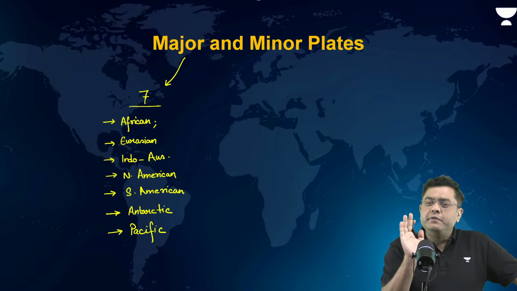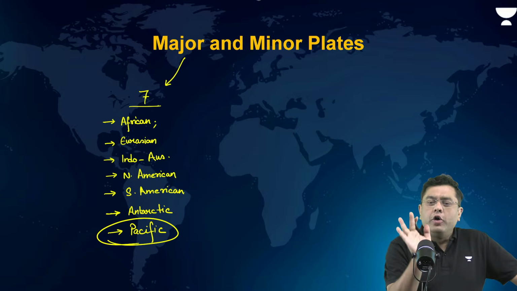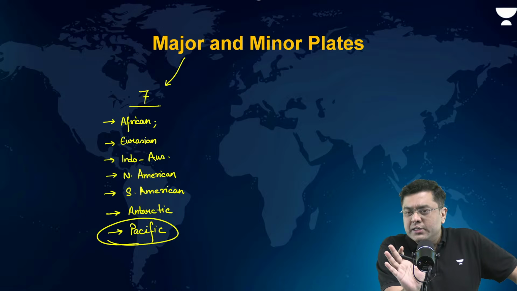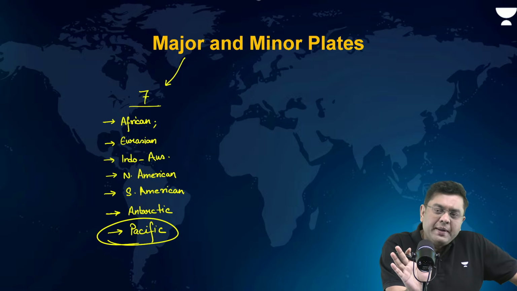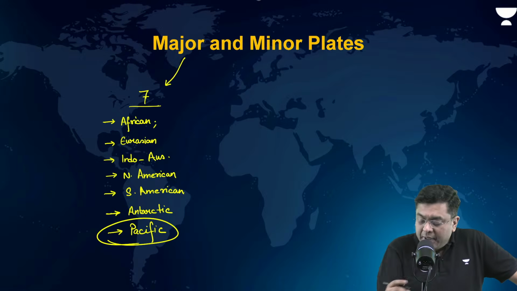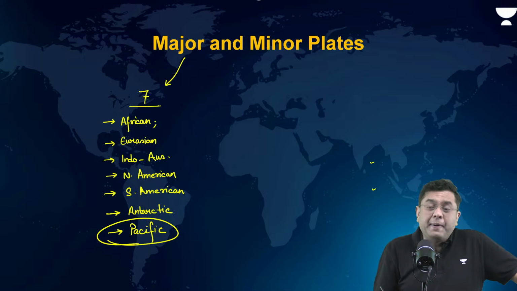All of these major plates, barring the Pacific, all of the other ones will have both continental and oceanic crust. Both will be present in all the plates, right? For example, the portion of Bay of Bengal, some portion of Indian Ocean is a part of the Indo-Australian plate, right?